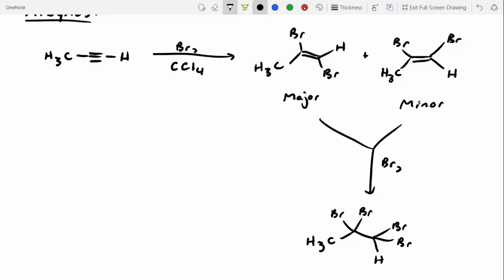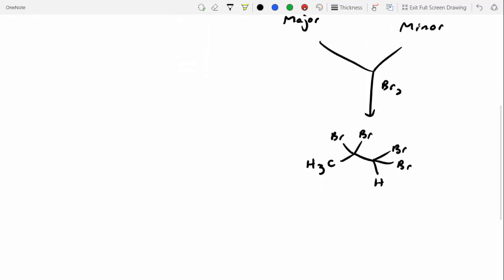So oftentimes chemists will purposely overshoot. That way they can get 4 bromines added across their triple bond. The nice thing with this mechanism is because it's not well understood, I'm not going to force you to learn it. So you just need to remember the reaction outcome for this.